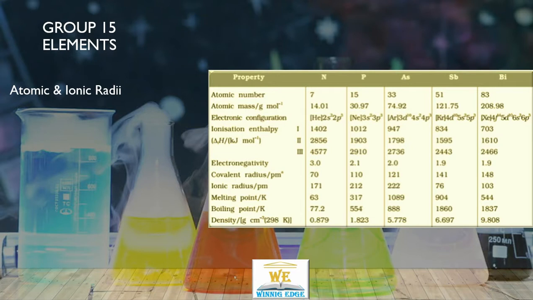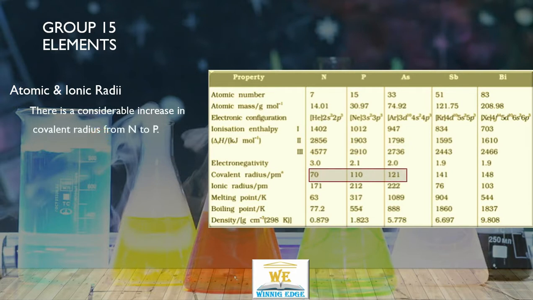So the very first property we'll talk about is atomic and ionic radii. There is a considerable increase in covalent radius from nitrogen to phosphorus that we see here, 72 to 110 picometer.